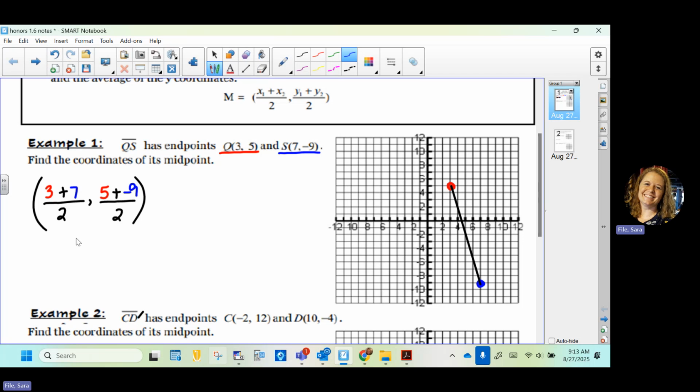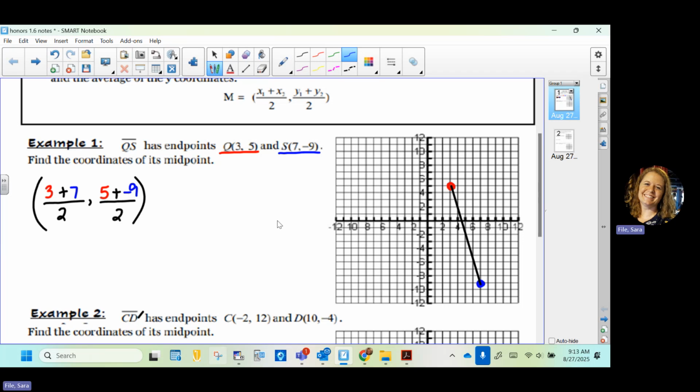Now, it does not matter which order I write those because it's addition, right? As long as it's both the x's together and both the y's together. I could have said 7 plus 3. I could have said -9 plus 5. Because it's addition, the order doesn't matter, as long as you're grouping the correct coordinates, the x's together, the y's together.